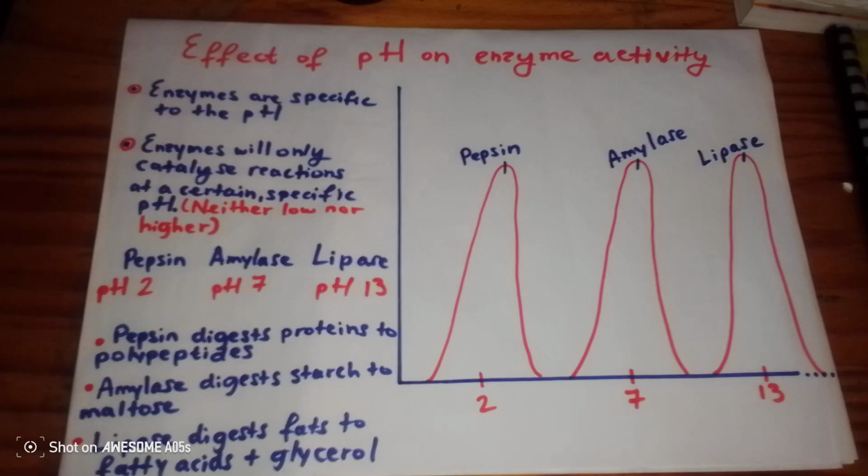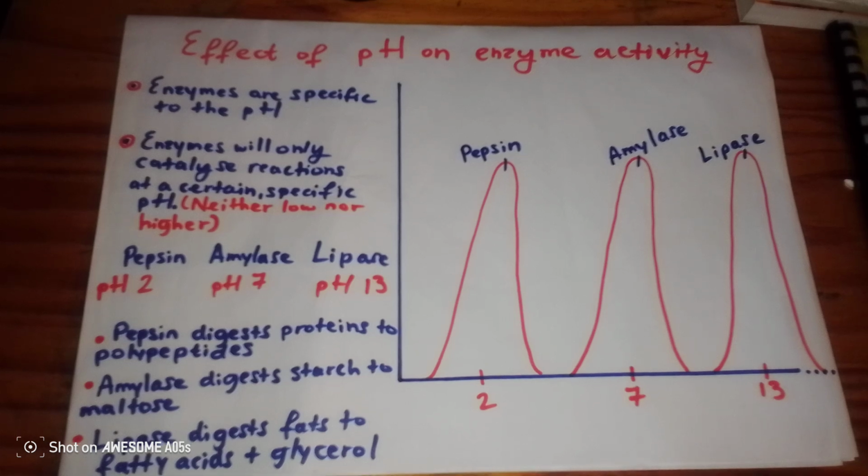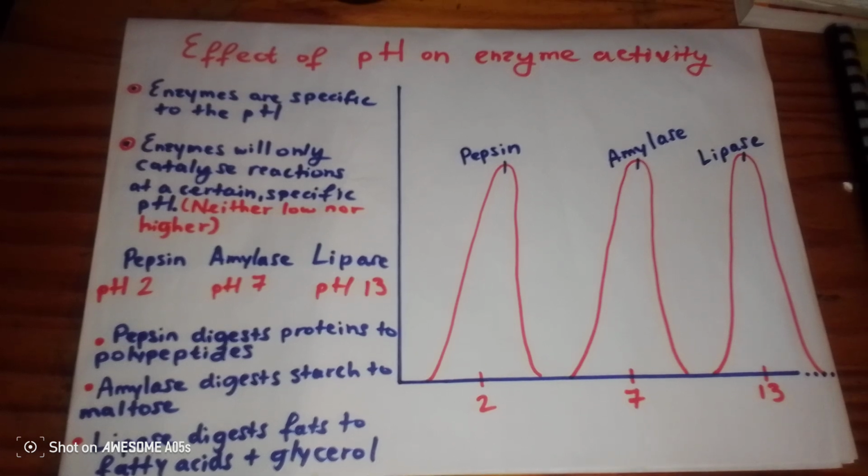That means any pH lower or above would be what? Acidic or alkaline, which would not correlate with the requirement for amylase to be able to catalyze reactions. Same goes for lipase. Lipase only works at pH 13, which is an alkaline environment. Therefore, any pH level that is lower than pH 13 could be acidic, and that is why it will not work.